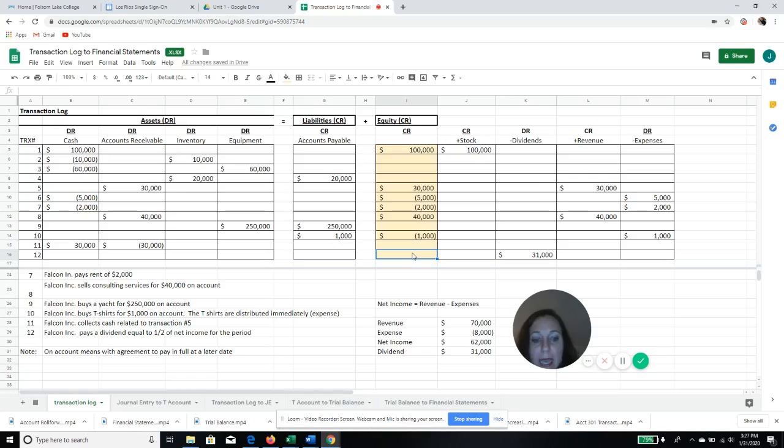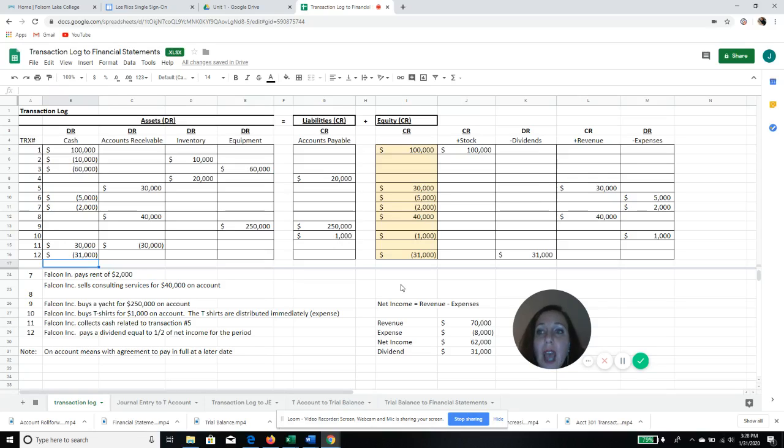So that's going to be negative $31,000 in equity. We're going to pay this dividend in cash. So negative 31,000, because we'll decrease our cash by 31,000. So on the left side, we have negative 31,000. On the right side, we have negative 31,000, and we are in balance.